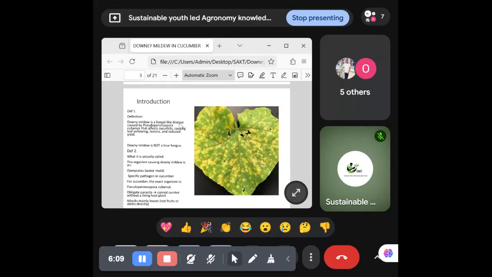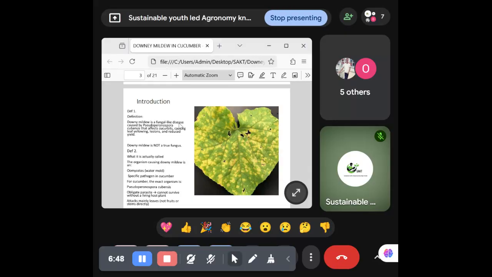That affects cucurbits. Generally, downy mildew affects the whole of the cucurbit family, your watermelon, your squash, and cucumber. It causes leaf yellowing, lesions, and reduced yield. So basically, what downy mildew affects on your cucumber plant is mostly the leaf.